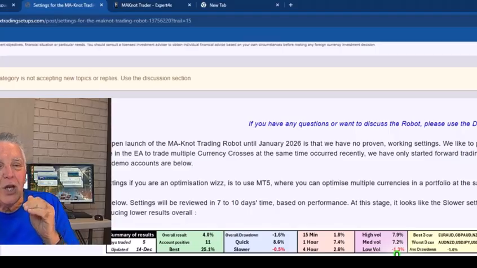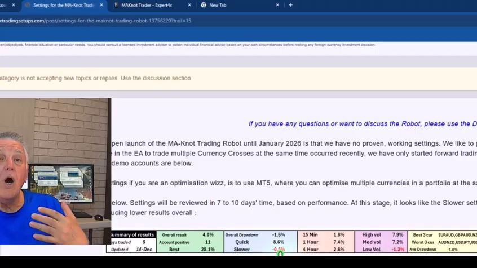So using low volatility currencies is not going to work too well for this particular EA. So we will most probably eliminate the low volatility currencies, because they're running at a loss. So the low volatility currencies and the slow settings are making losses.